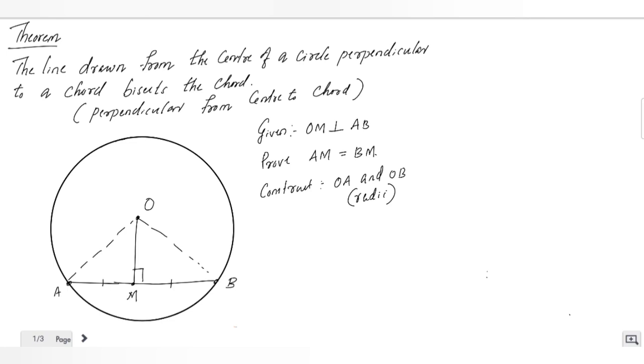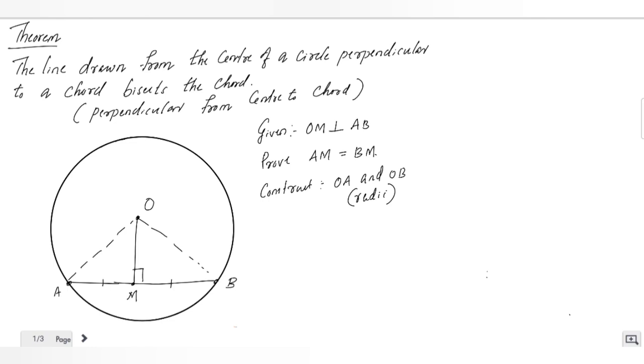If you are proving two triangles are congruent and they are right angle triangles, then we use RHS. Like here, they are right angle triangles. So you have to prove that they have 90 degrees, their hypotenuses are the same, and one pair of corresponding sides is also the same, then we are done.